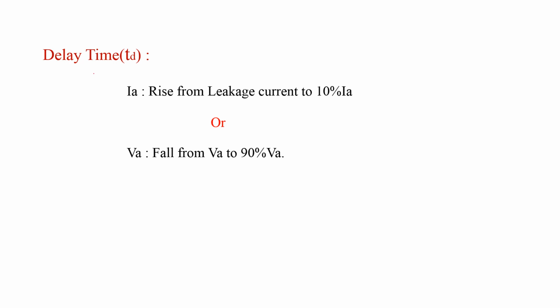Coming to delay time, the time taken by the anode current to rise from forward leakage current to 10% of the maximum anode current is defined as delay time in terms of anode current. Similarly, in terms of anode voltage, the time taken by the anode voltage to decrease from the maximum value to 90% of the maximum value is the delay time in terms of anode voltage.